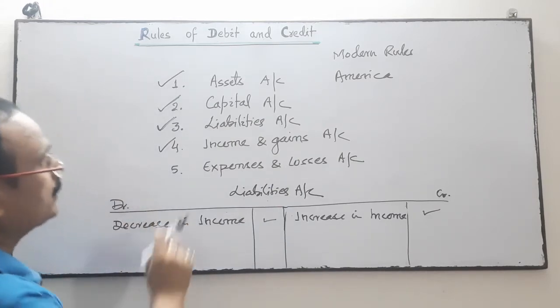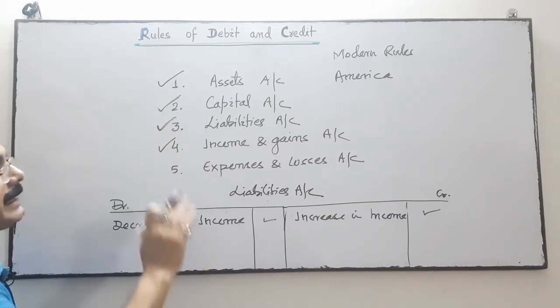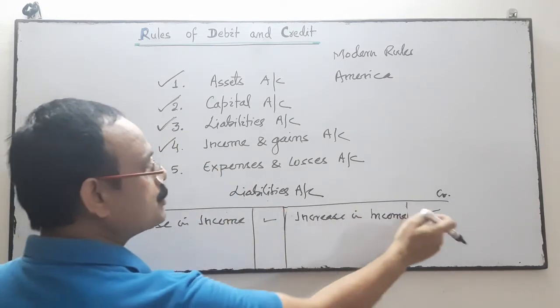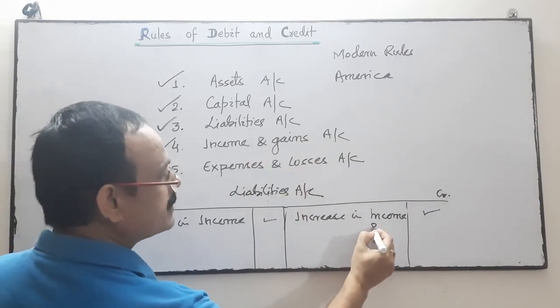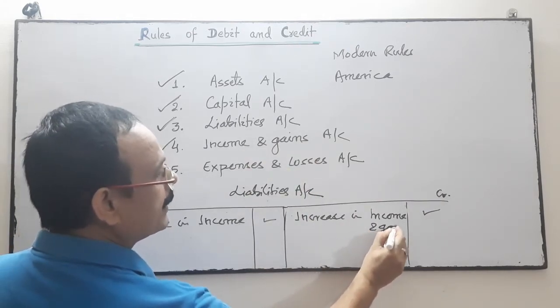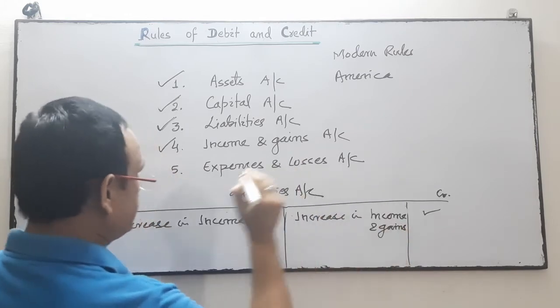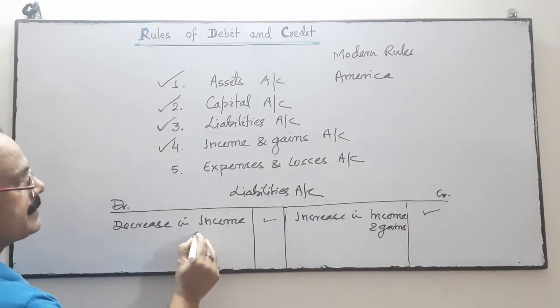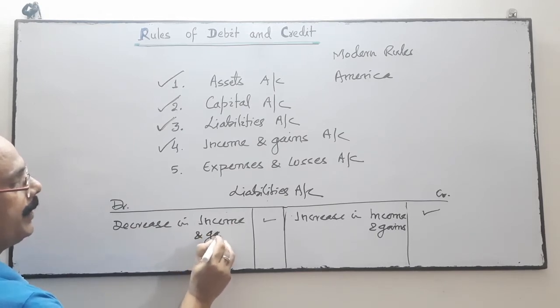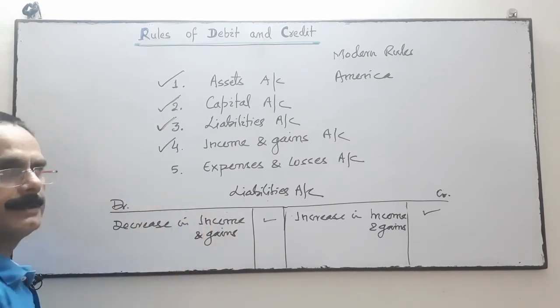Now come to incomes and gains. Increase in incomes and gains will be credited, and decrease in incomes and gains will be debited.